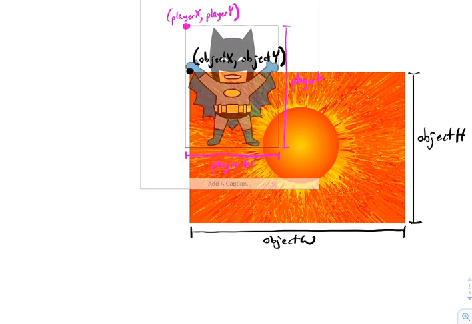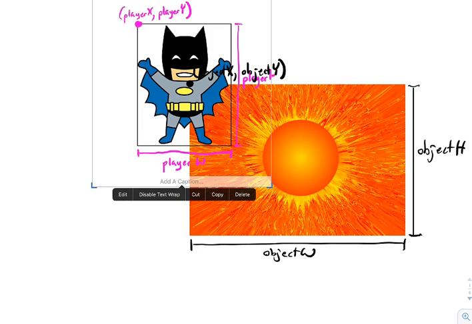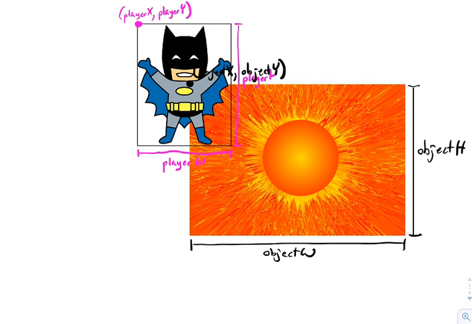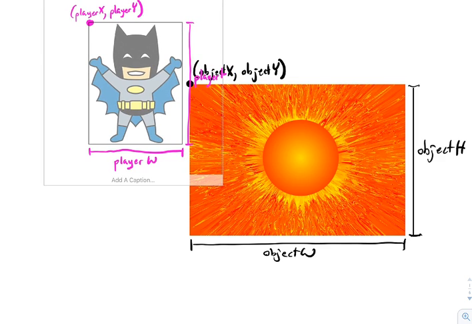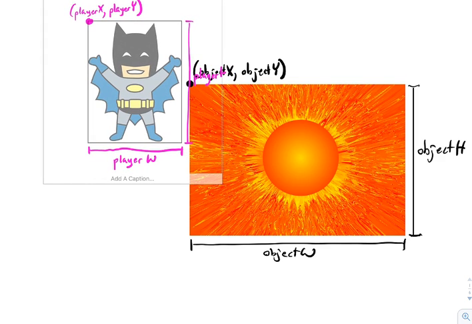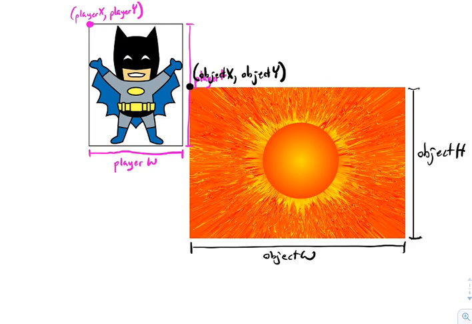So we could have the player's position be up and to the left, where as long as it's still within the player's width on the left, and as long as it's still within the player's height up above, then they're still overlapping. As soon as I go wider than the player's width to the left, they're no longer overlapping, because the difference between the player's position, which is the left side, that's where the point is, the top left, and the object's position is more than the width of the player.